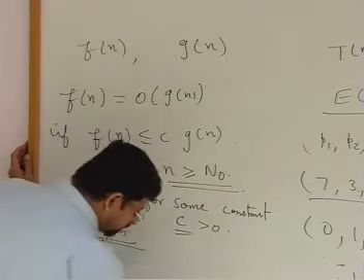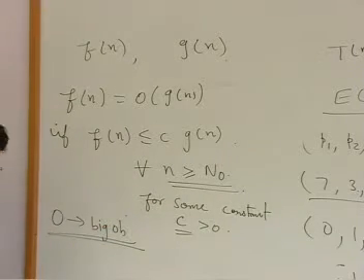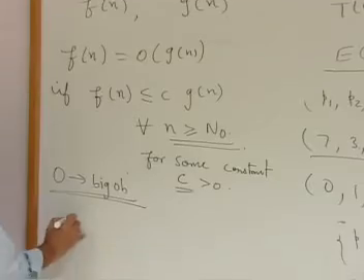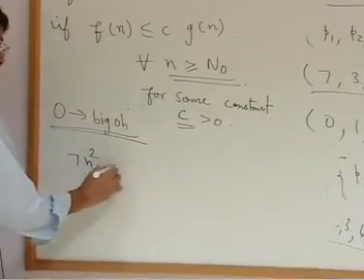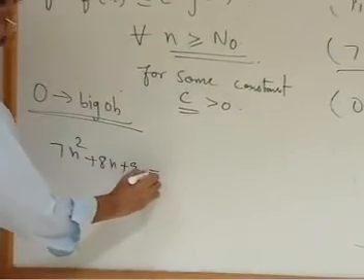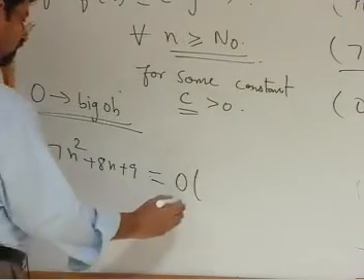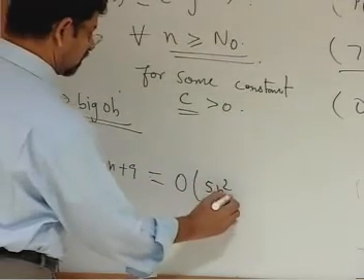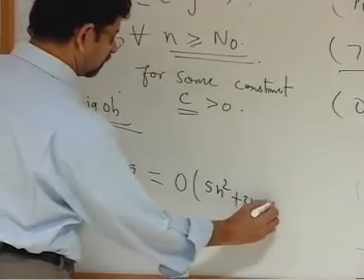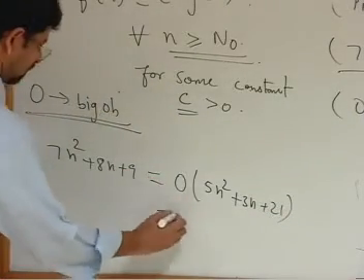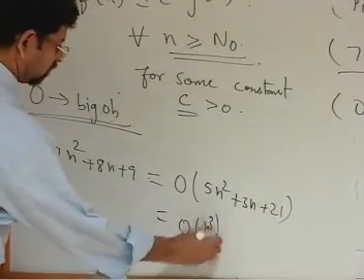Looking at this definition, you can write like this: 7n square plus 8n plus 9 is big O of 5n square plus 3n plus 21. You can write this as big O of n cube.